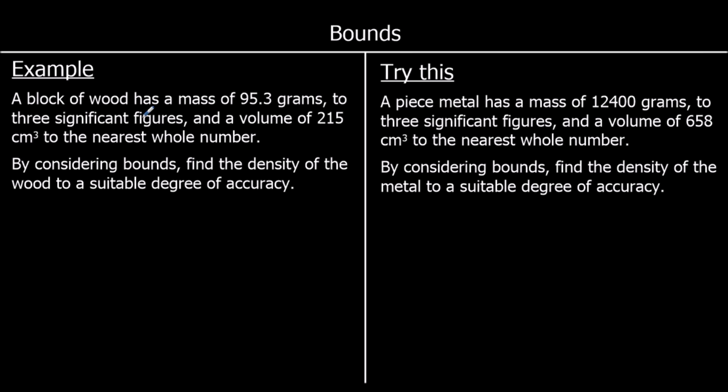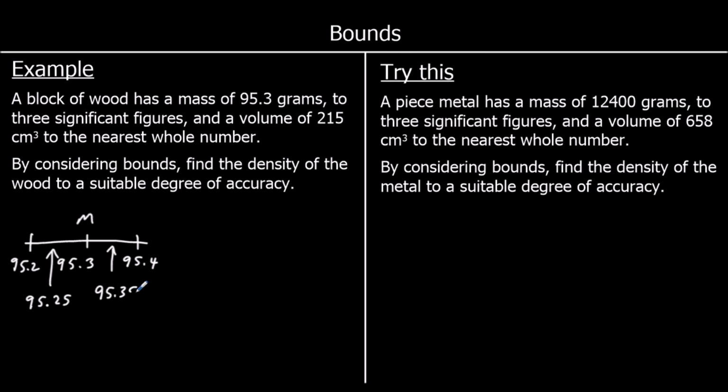So we've got a block of wood has a mass of 95.3 grams to 3 significant figures. So we've got 95.3. The one up is 95.4. The one down is 95.2. So we can say the lower bound is 95.25 and the upper bound is 95.35.